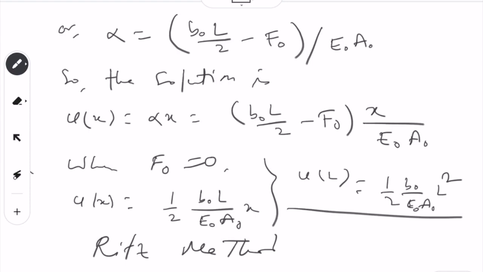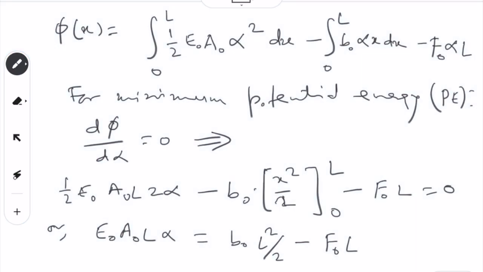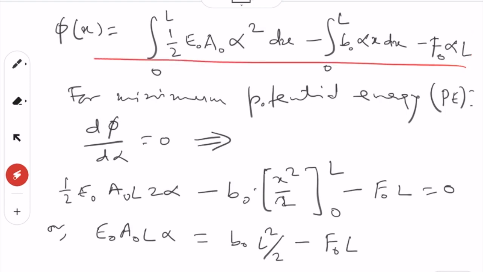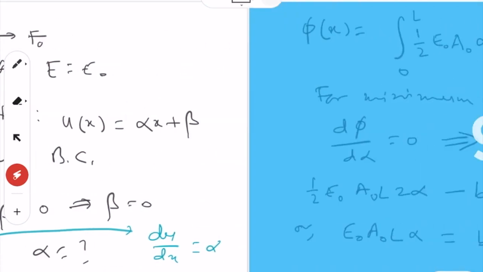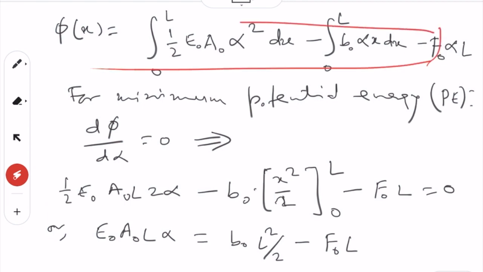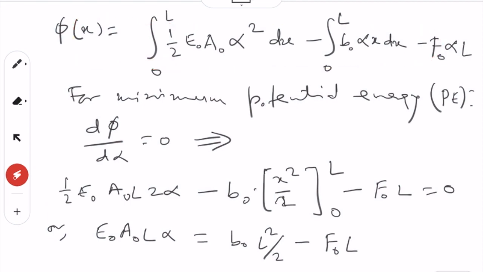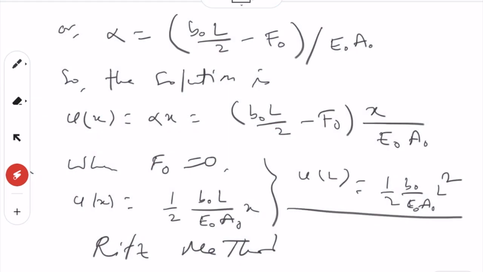However, any differential equation, the boundary value problem, can be written as this energy, something like this expression. So this is one of the ways to also solve the problem. So this is also solving the same problem, but a different method.